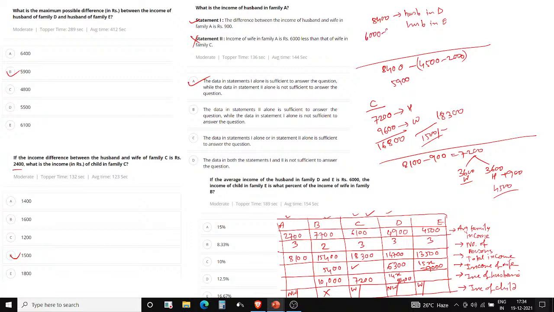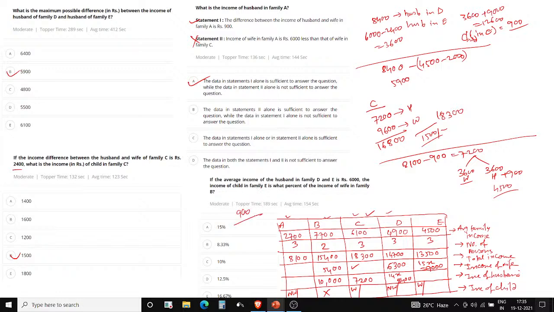So 2,400 gets subtracted from 6,000, and you will get the income of husband in family E. Now the income of husband in family E is 3,600, and the wife is 9,000, so 3,600 plus 9,000 is 12,600. And what is the total income? That is 13,500. So what is the child income in E? 13,500 minus 12,600, right? This is 900. Now, the income of child in family E is 900.